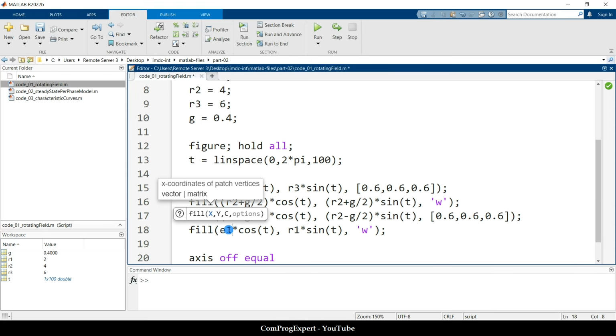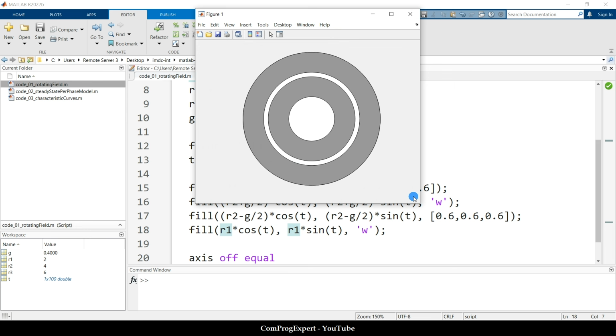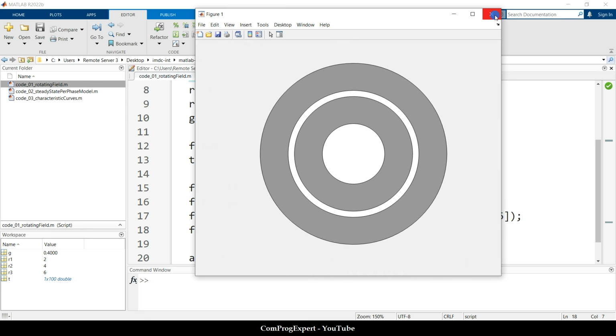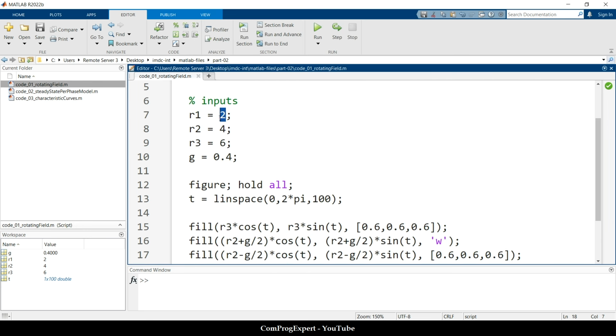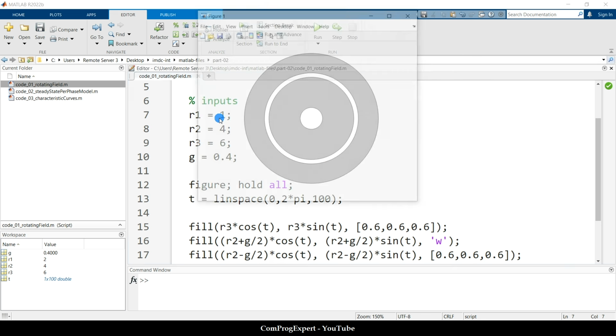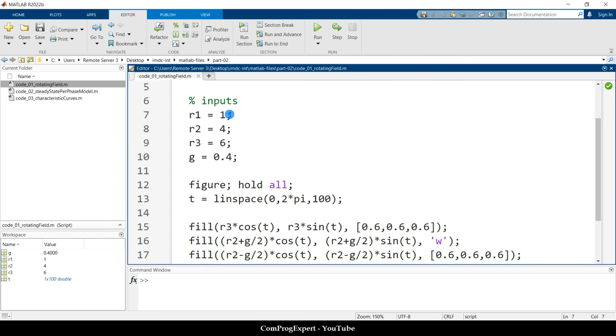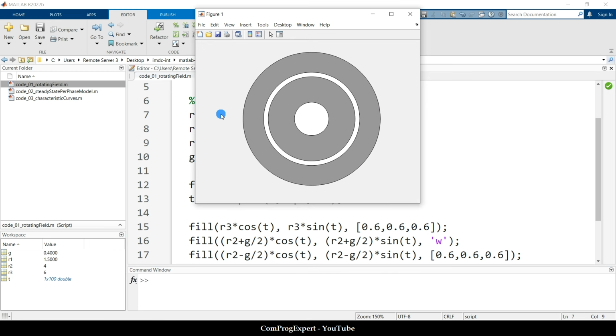That is for the shaft. Okay, so here we have this geometry. You can now modify these parameters to visualize these laminations better. So this visualization is good. You can change the air gap thickness also.